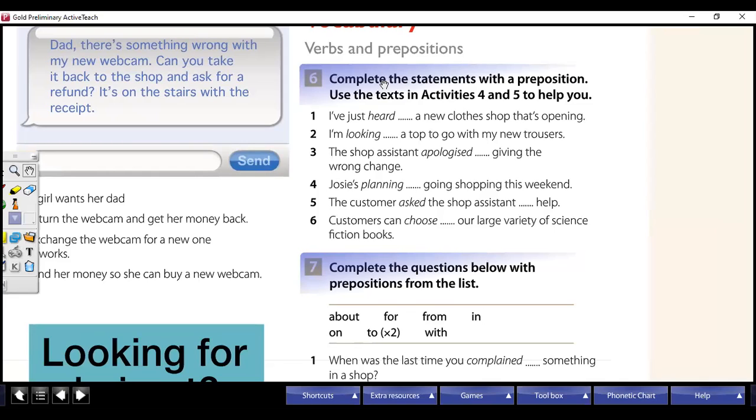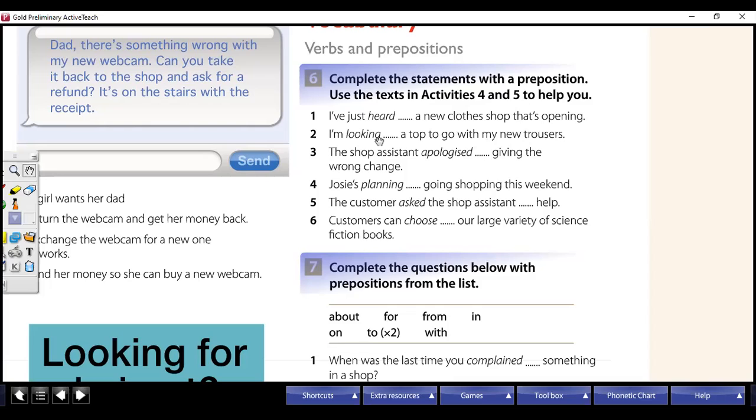In here, the other day, we were working with adjectives and prepositions. For example, good at, interested in, etc. Do you remember that? In some pages or some lessons before, we were working with adjectives and prepositions. Now we're going to work with verbs and prepositions that go together, that are connected.